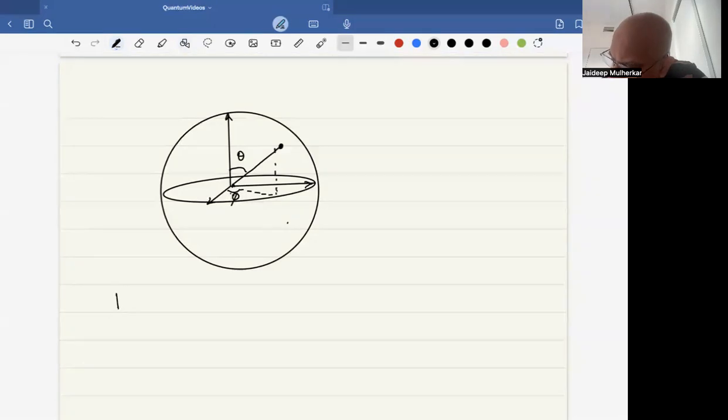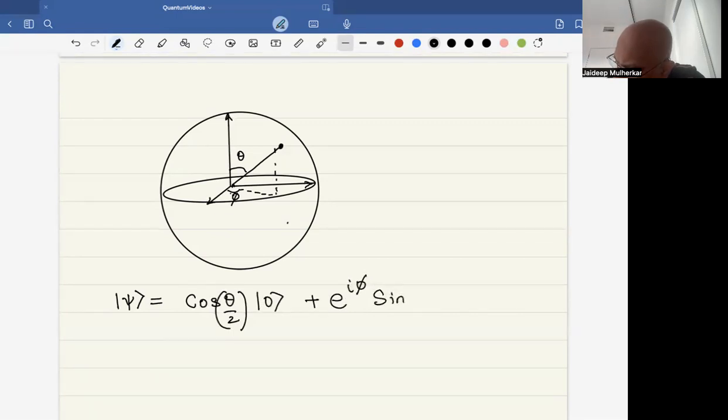Then any qubit can be represented as a point on the Bloch sphere. So the point given by these angles theta and phi is this state of the qubit: e to the i phi, sine theta over 2, ket 1. All right. So that's for quantum states.